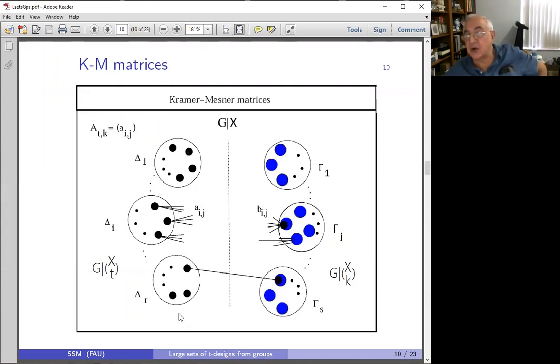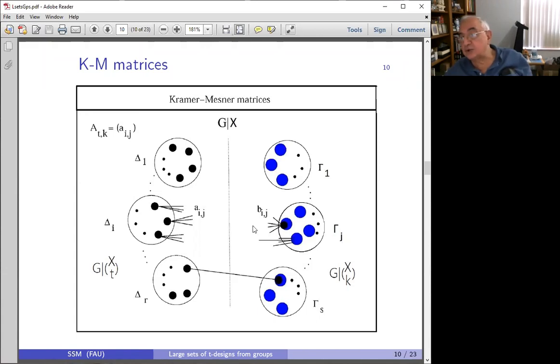So you get a bipartite graph. And A sub ij is the number of edges emanating from a T set in delta I, which end up in orbit gamma J. I think this is quite easy.